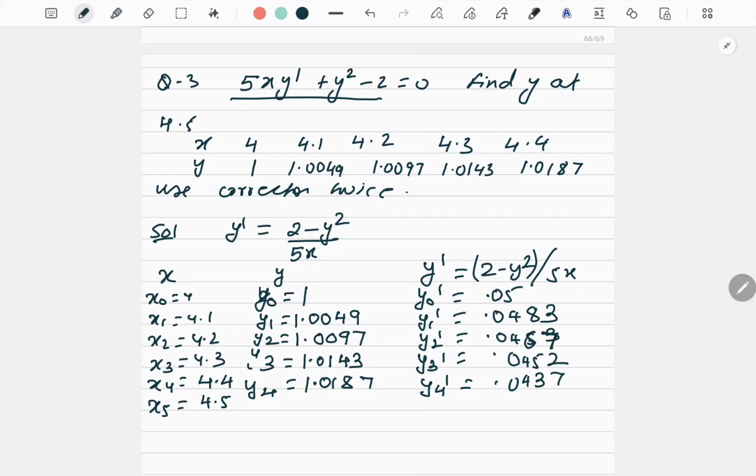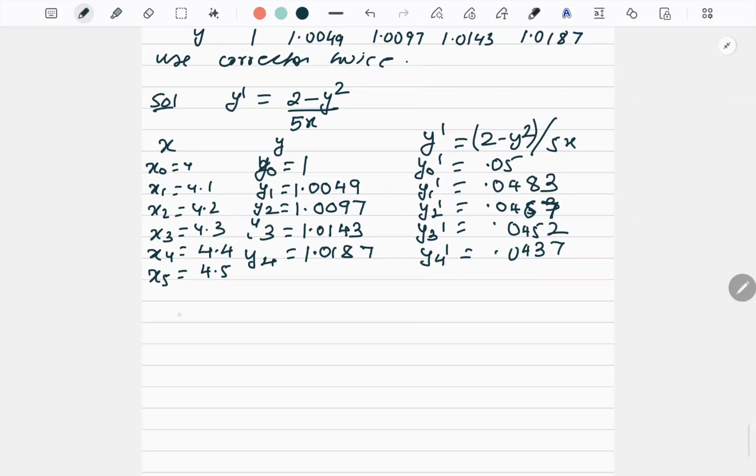Okay, now I need to find out y5 value. So y5 predicted value, I'll use the formula y1 plus 4h by 3, then 2y2 dash minus y3 dash plus 2y4 dash.